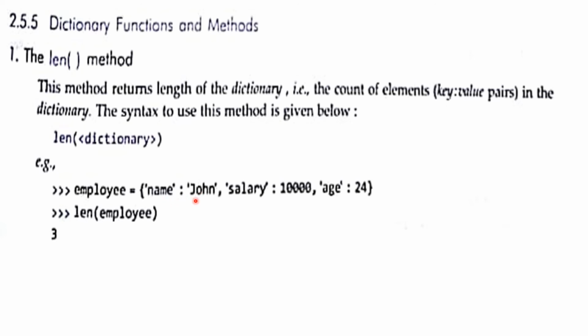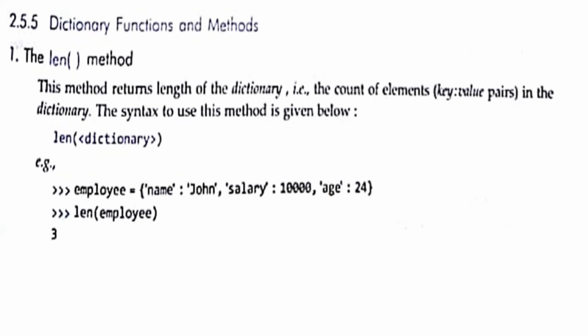How many keys are there can be counted with the len function or len method. So the length of employee here is returned as 3, because 3 keys are available: name, salary and age.